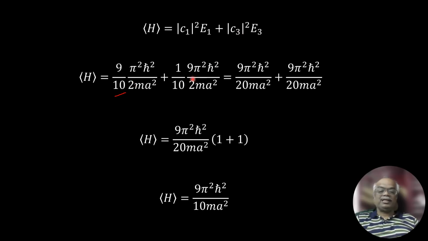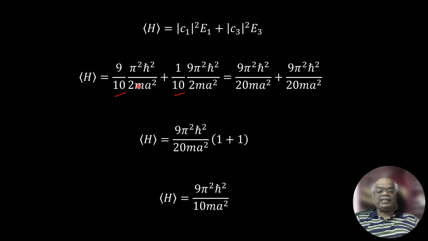Next, modulus C3 squared is 1 over 10, we have seen. And E3 is equal to n squared, 3 squared, 9, times π squared ħ squared over 2ma squared.